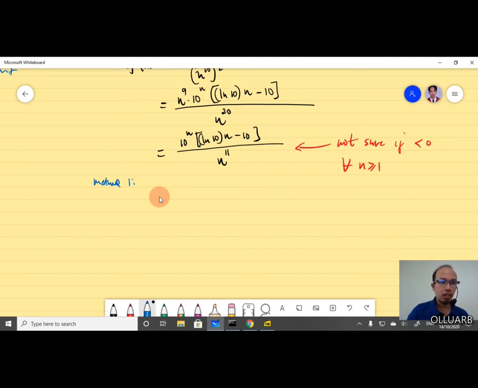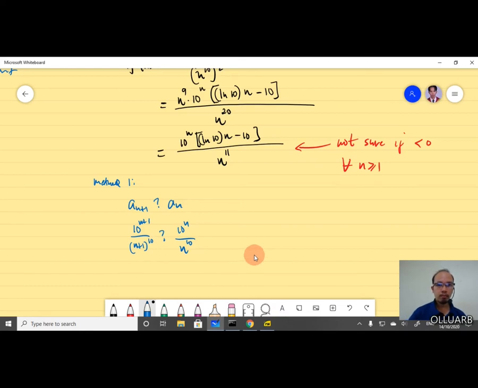If we use method 1, the same result. So if you have a sub n plus 1 question mark a sub n, if you substitute, we have 10 to the n plus 1 over n plus 1 to the 10, and 10 to the n over n to the 10. So if you cross multiply, what you will see is, again, it is not clear that a sub n is less than or equal to a sub n plus 1.